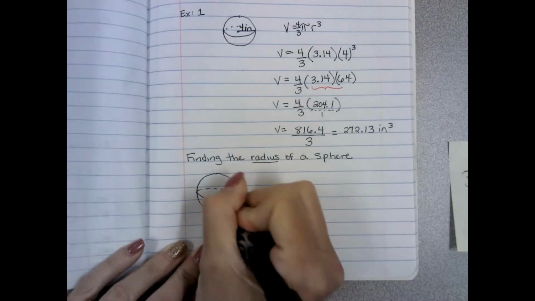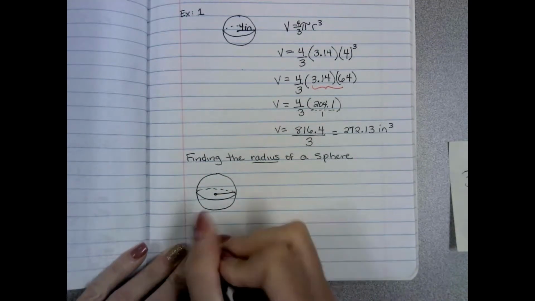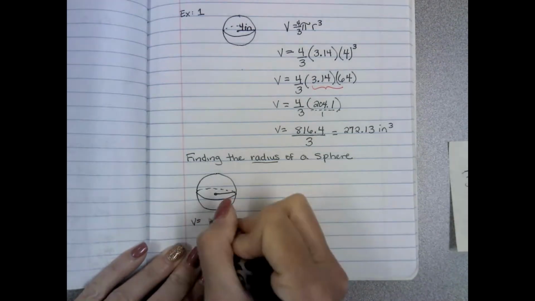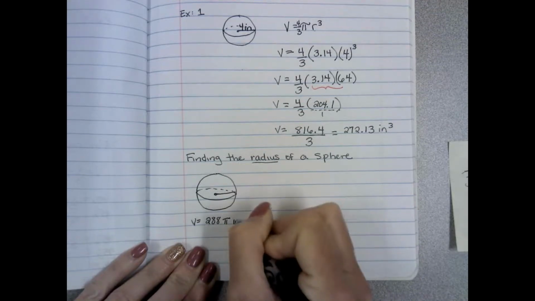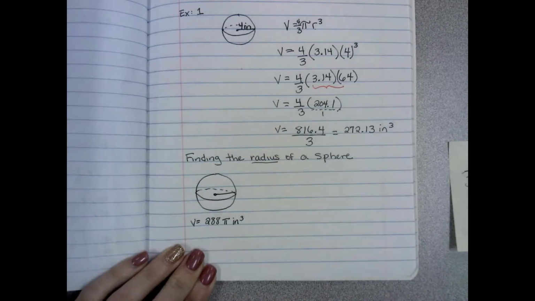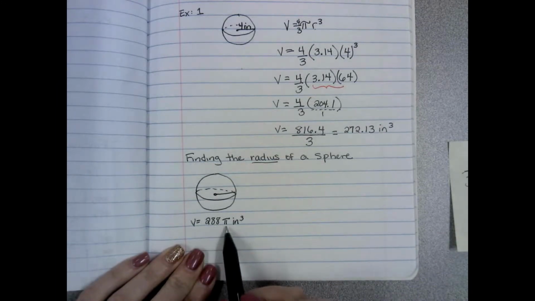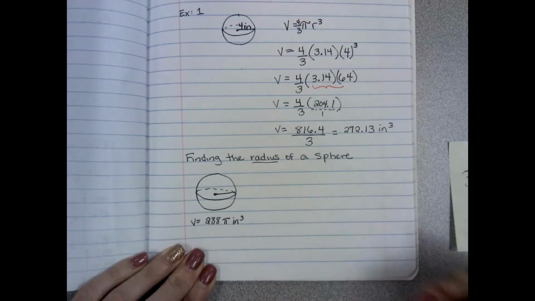Now this sphere, the radius is going to be unknown, but I am going to tell you that the volume is 288 pi inches cubed. Now you can leave your volume in terms of pi. It just means that that last step hasn't been done where 288 is being multiplied by 3.14. And that's okay. We're going to leave it this way because we can use it in our formula.